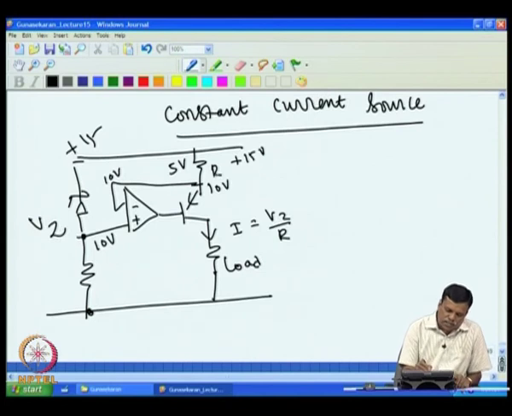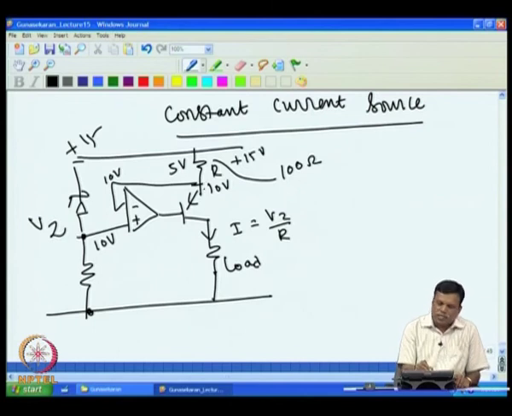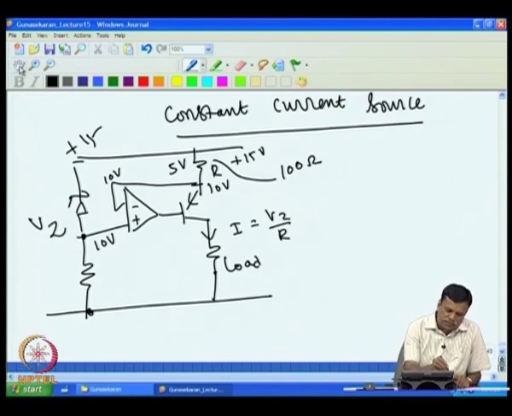Suppose this is not 10, because the current flowing through this determines the voltage. If this is 15 and I put here say 100 ohms, then 50 milliampere current flowing through that will make a 5 volt drop here, and that will be 10. Suppose 50 milliampere is not flowing; if more than 50 milliampere flows, then you will have more than 5 volt drop across this, then this will come less than 10.